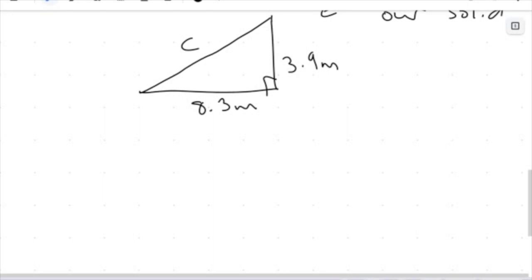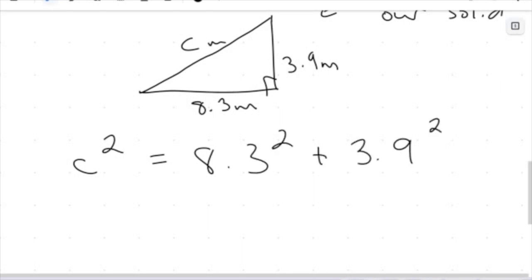So let's call this C meters. Pythagoras' theorem tells us that this side C squared is going to be the sum of one side squared as well as the other side squared. So that's going to give me 8.3 squared plus 3.9 squared.